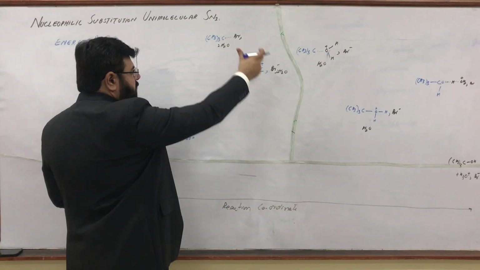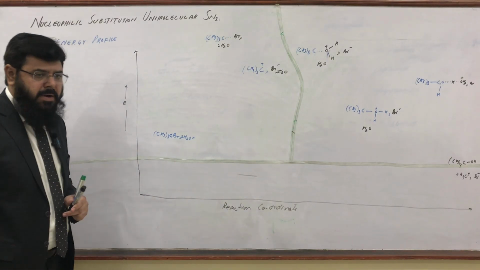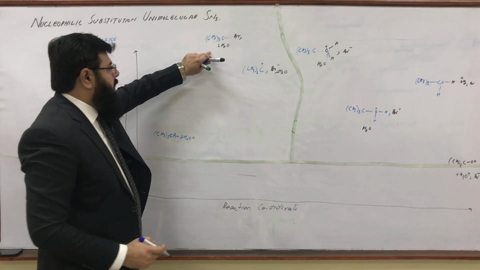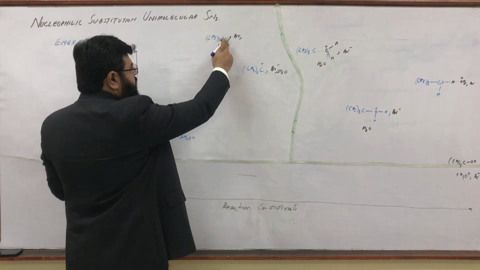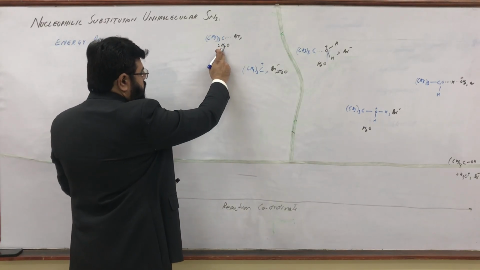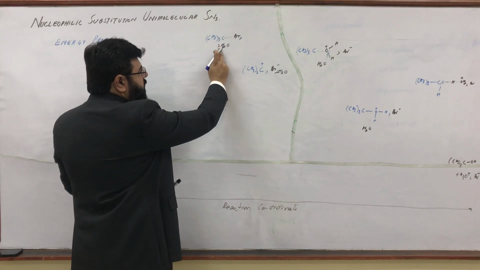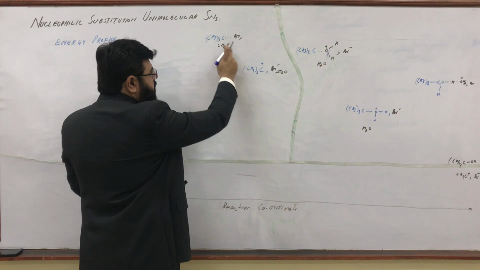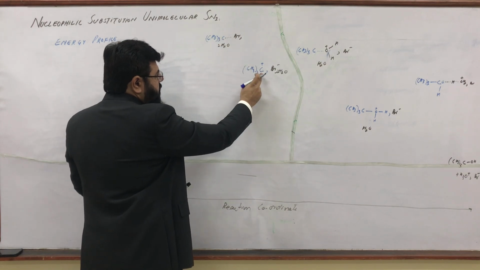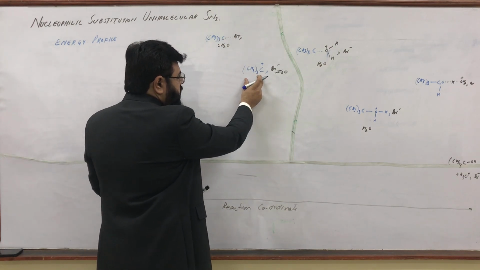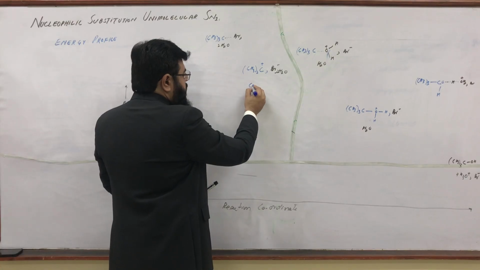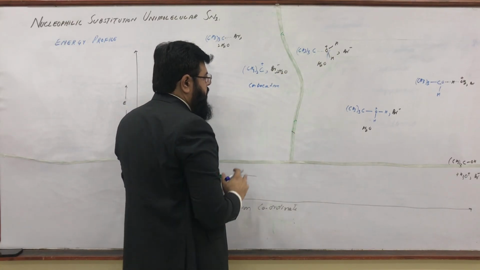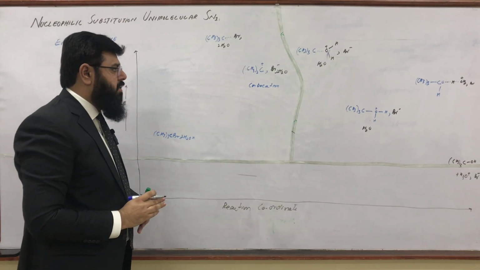Whenever there is a bond development or bond breakup, the energy of species will increase. At first step the bond between carbon and bromine will break up, and we shall obtain a tertiary carbocation and a bromide, and both of these species are present in aqueous media.